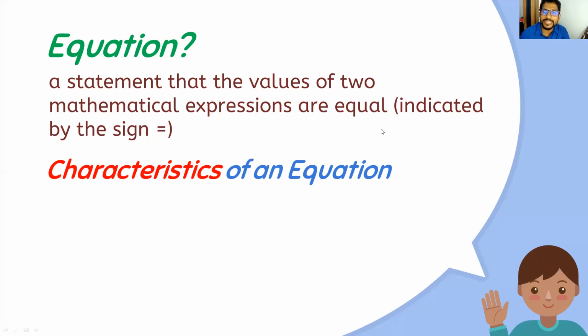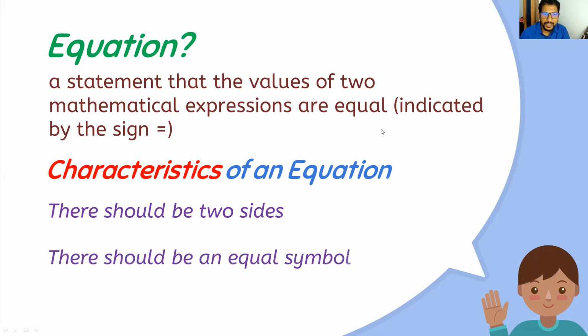Look at these characteristics. These are the things that I have found. In an equation, there should be two sides. There are no equations with just a single side. Always there should be two sides, side A and side B. Second, there should be an equal symbol, isn't it?